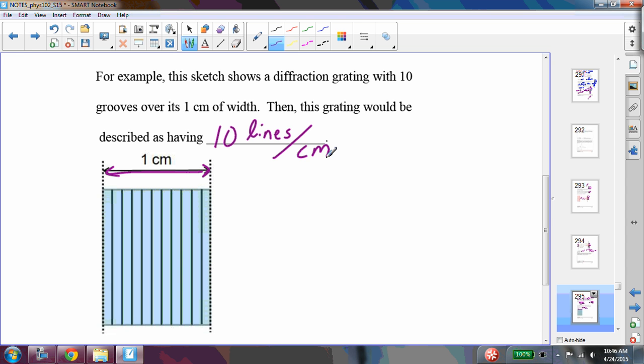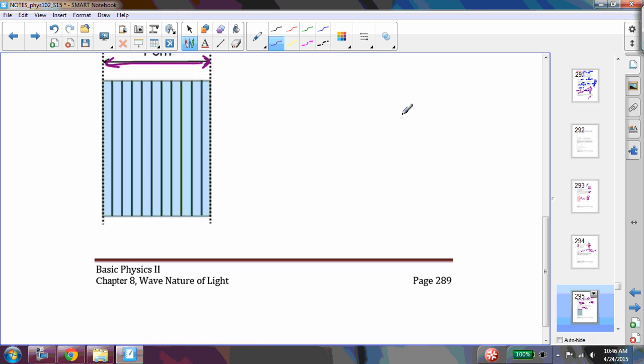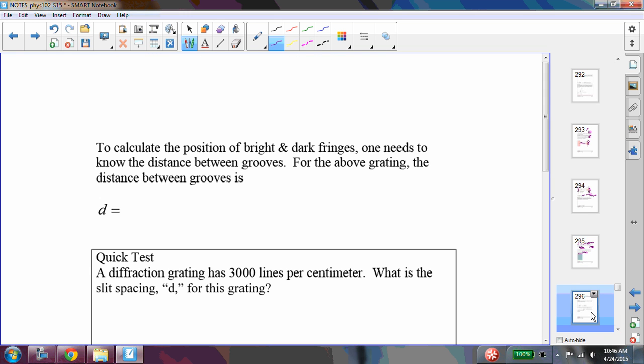All right, to calculate the position of the bright and dark fringes, you need to know the distance between the grooves. For the above grating, we had 10 lines per centimeter.